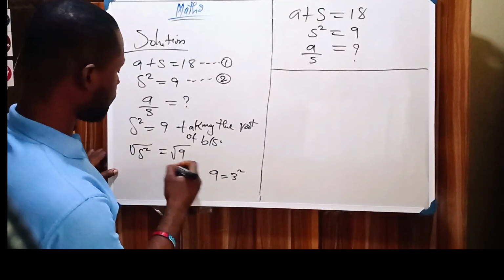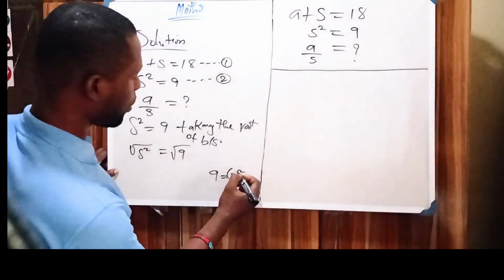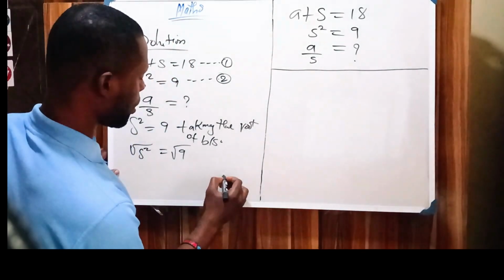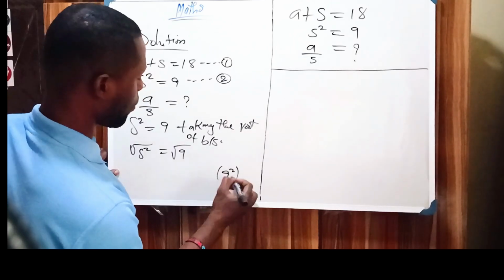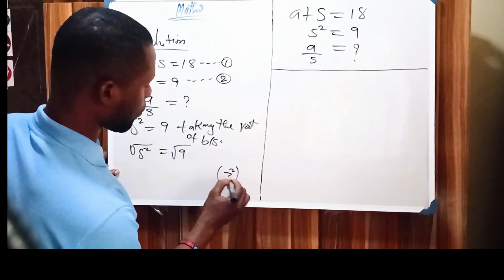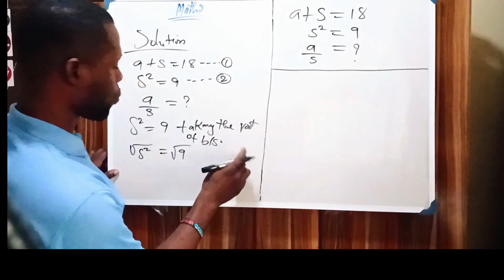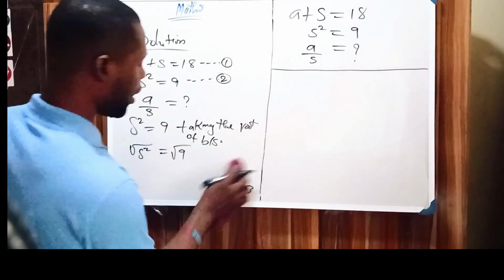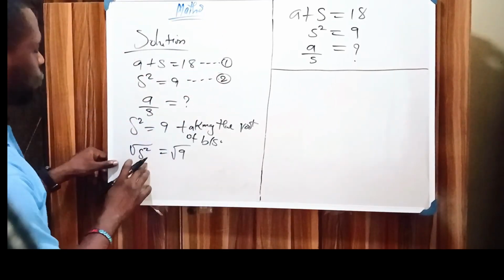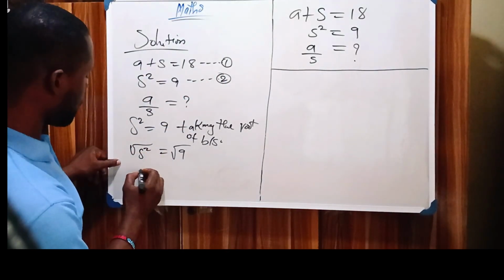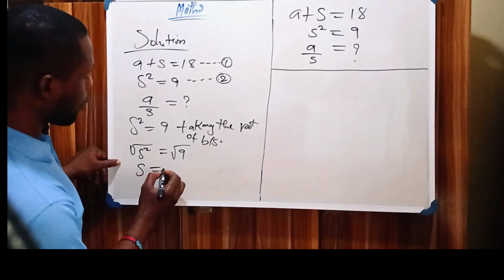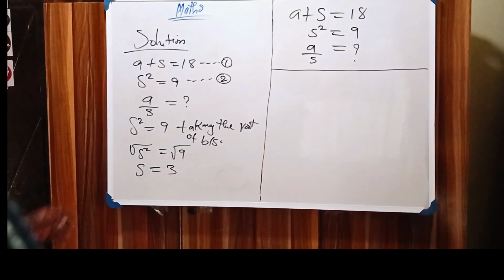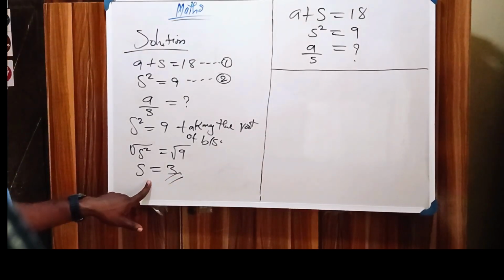So the square root of 9 is going to be the square root of 3 raised to the power of 2, which gives us 3. So having known this, the square root of s squared gives us s, equal to the square root of 9, which gives us 3. So we have known the value of s.